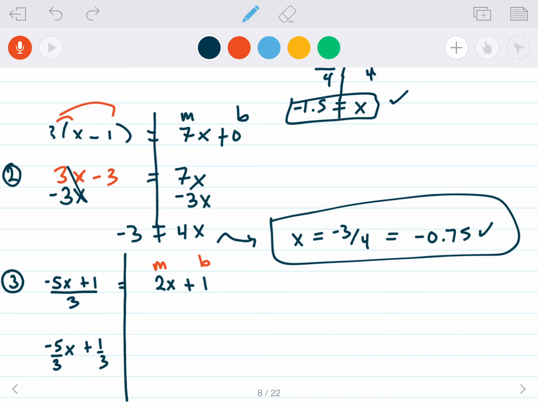So now I'm in mx plus b form. I have the line 2x plus 1 on the right side, and I have the line negative 5/3 x plus 1/3 on the left side. So these are two lines equaling each other, and I want to see where they intersect on Desmos.